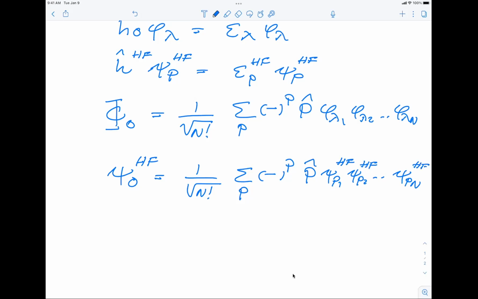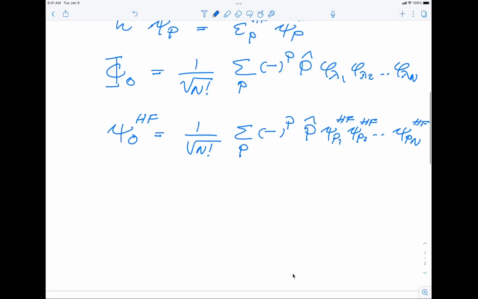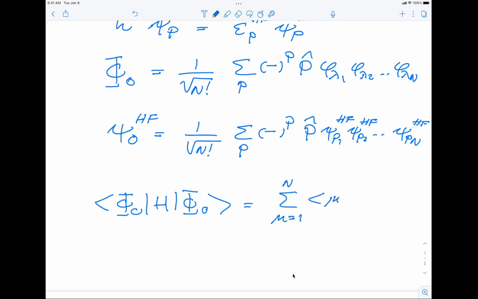So if I take these two Slater determinants, it's pretty easy to calculate the contribution to the energy. This is something we calculated in the very beginning of the semester. This is now given by the sum over all the states below the Fermi level, and then we have this compact notation, H0 of mu mu.